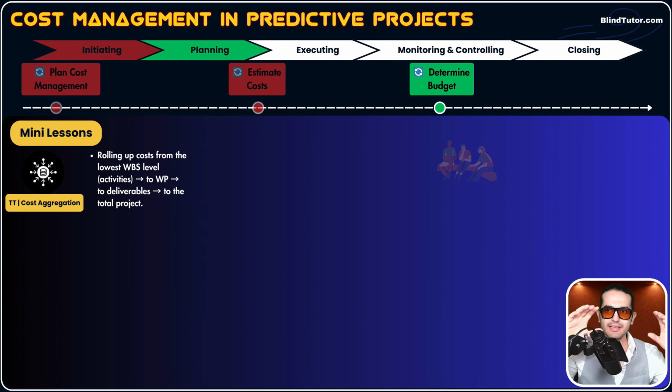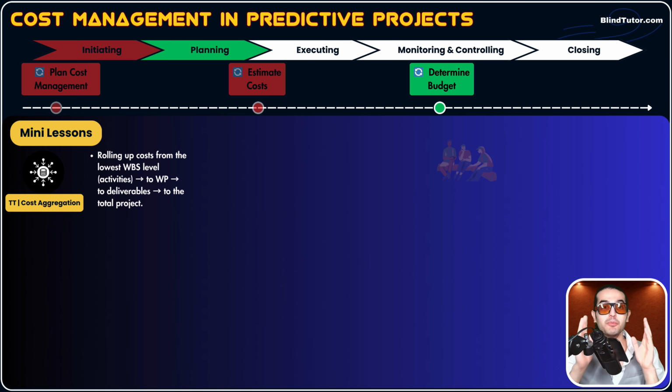So each work package has a certain number of activities. When we add up the cost estimates for activities that are under one certain work package, it means that we can determine the cost of that work package. When we add up and roll up the cost of different work packages that are under one control account, we can get the cost of that control account.